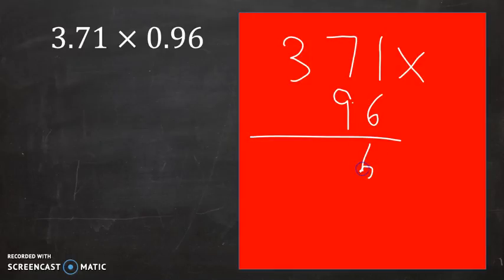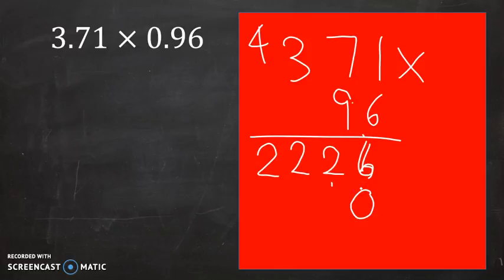6 1s are 6, 7 6s are 42, carry the 4, 3 6s are 18, plus 4 is 22, put down my 0. 9 1s are 9, 7 9s are 63, carry the 6, 3 9s are 27, plus that 6 is 33.